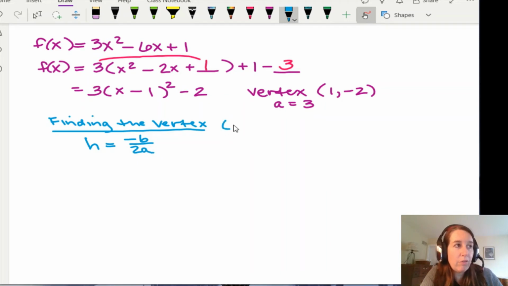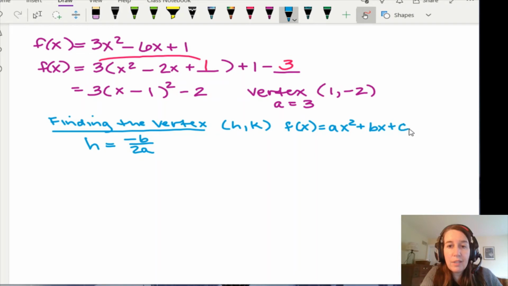So remember that the vertex is h comma k, right? So h is just -b over 2a, and remember the original standard form of the equation that we're using these a's, b's, and c's from is f of x is equal to ax squared plus bx plus c.